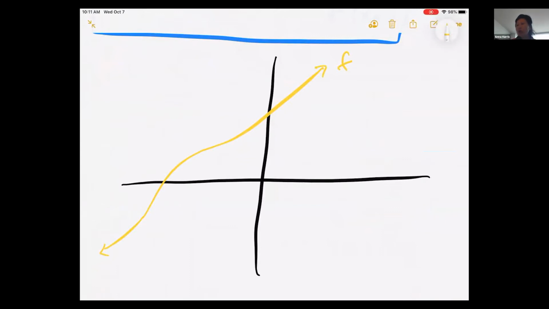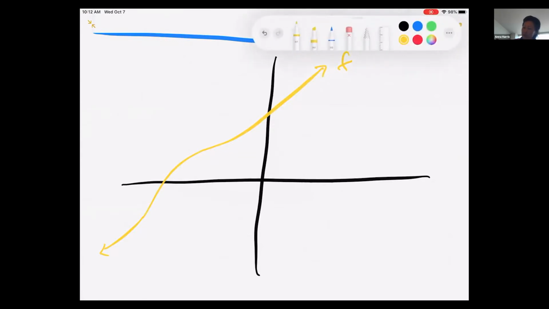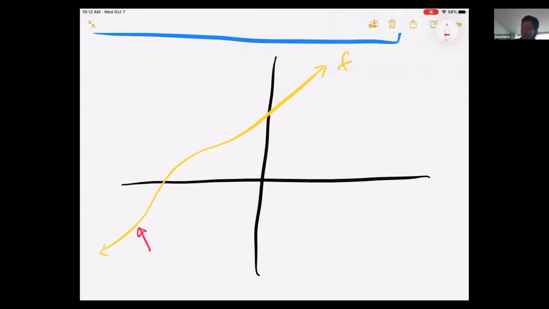By the way, in order to have a solution, there have to be some negative y values and some positive y values. So right here you have negative y values, and over here you have positive y values. If you don't have a sign difference between the y values at the two x's that you choose, that means you may not have a solution.